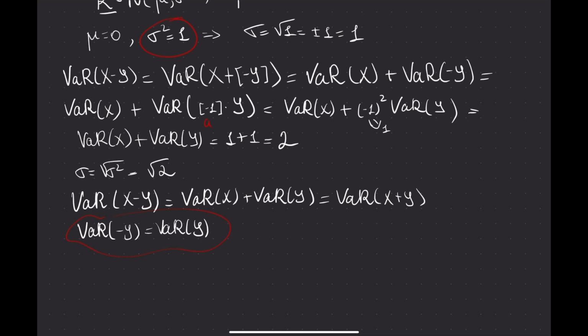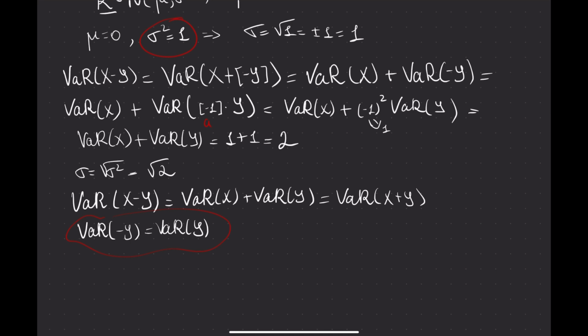In this particular case of standard normal random variables, another way to think about this is that because the standard normal distribution is symmetric about 0, the negative y is, from a probabilistic standpoint, the same as the random variable y.